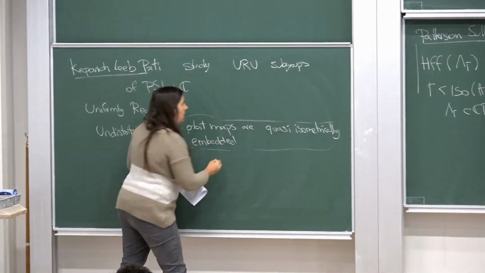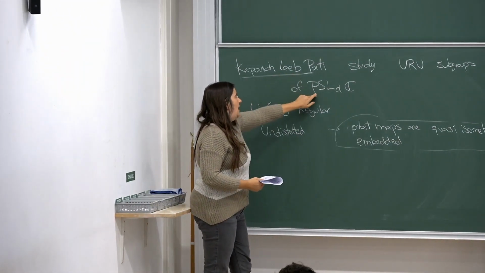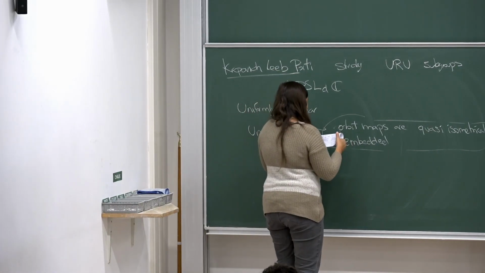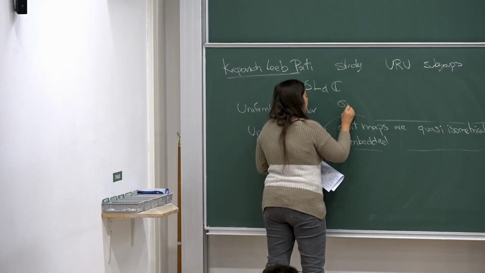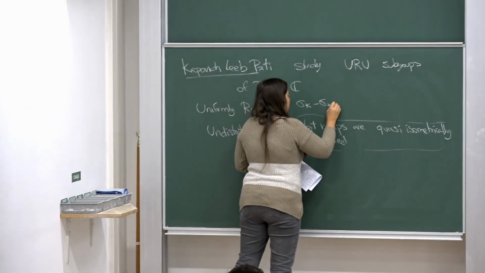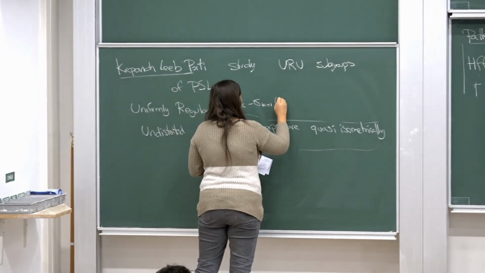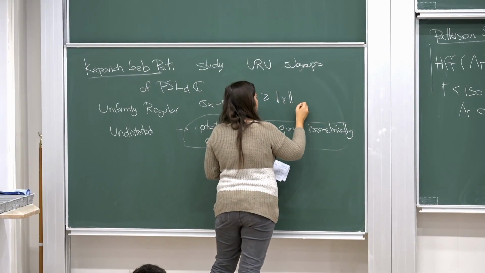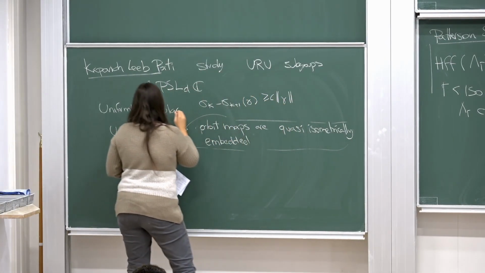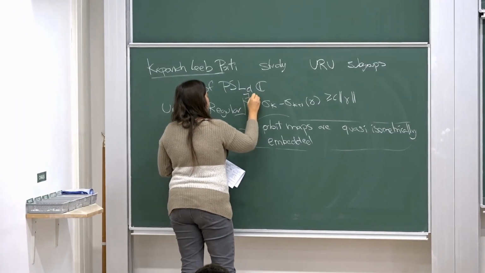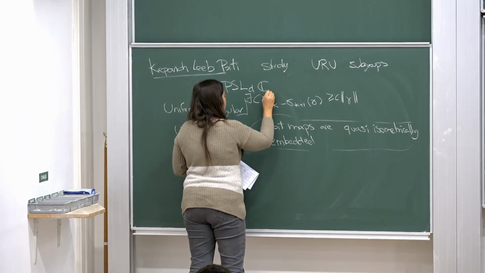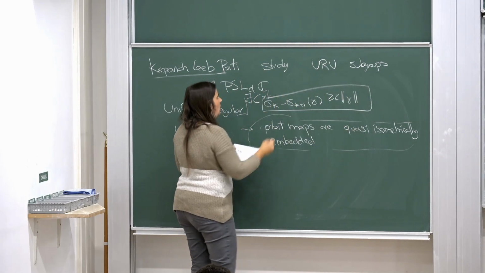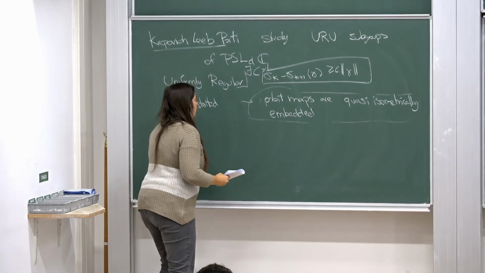But in order to understand higher rank analogs, we need to add this uniformly regular condition, which can be stated as sigma k minus sigma k plus 1 of gamma is greater than or equal to the norm of gamma times c. So uniformly regular means that there exists a constant c such that an inequality of this kind holds. And I want to tell you what this is.